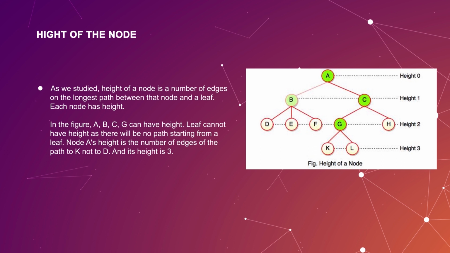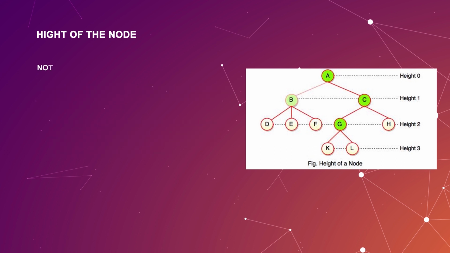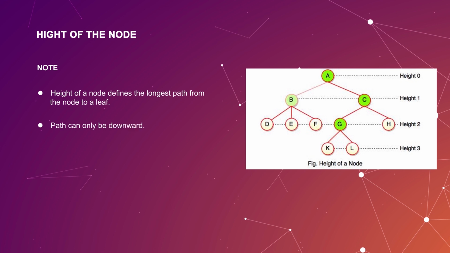Node A's height is the number of edges of the path to K, not to D, and its height is 3. Note that the height of a node defines the longest path from the node, meaning from the root node or any node, to a leaf node.